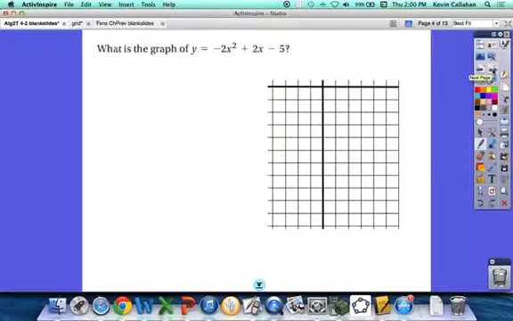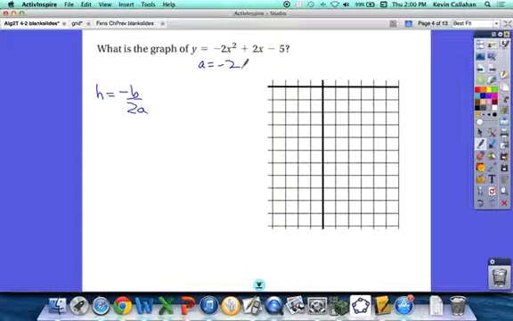Okay, so this is how we sketch the graph of a quadratic function in standard form. And the first thing that we need to know, what's the vertex? Okay, and the first part of the vertex we need to know is, what is the h? Okay, so what is the formula for h? Negative b over 2a. Okay, well, let's look at our function up here. What is the a?